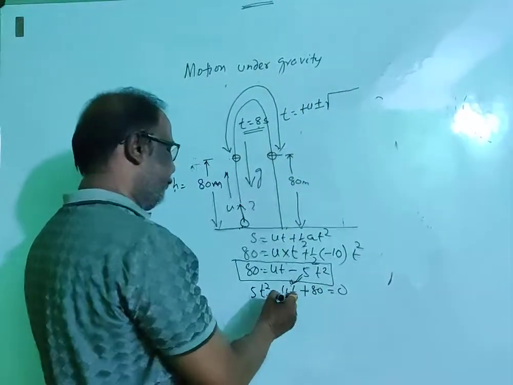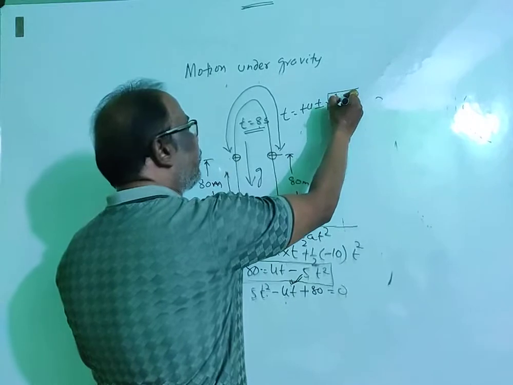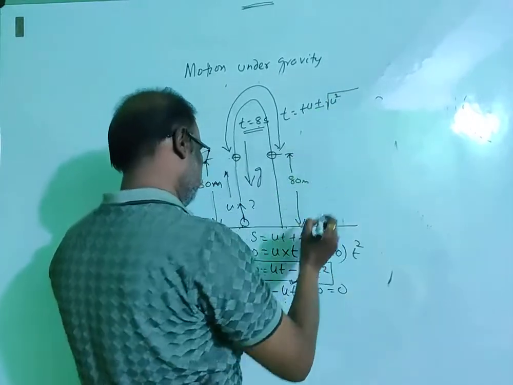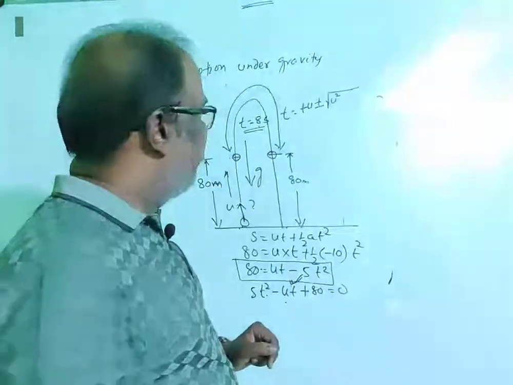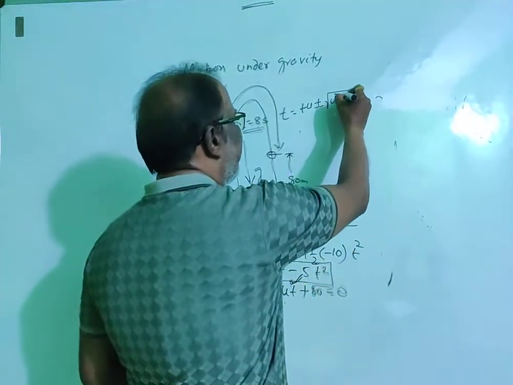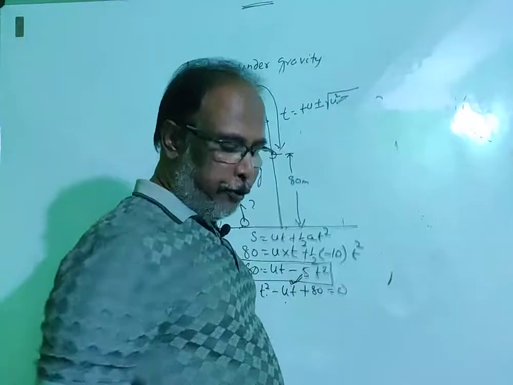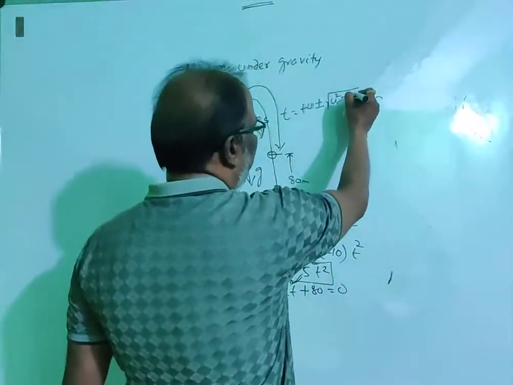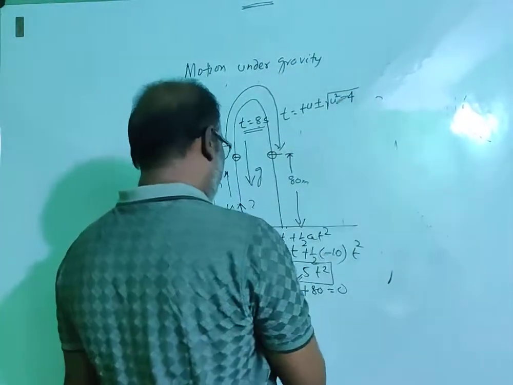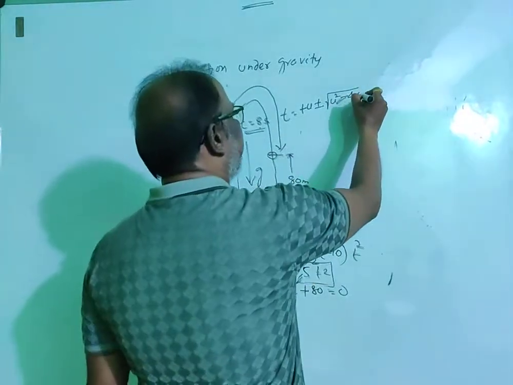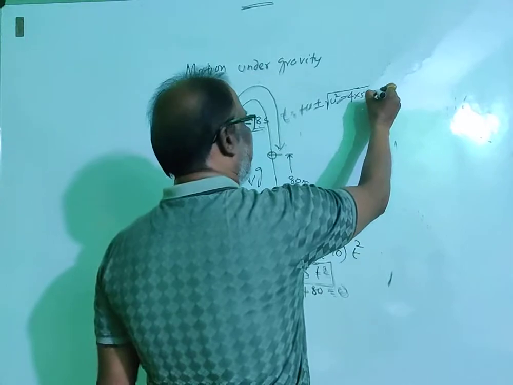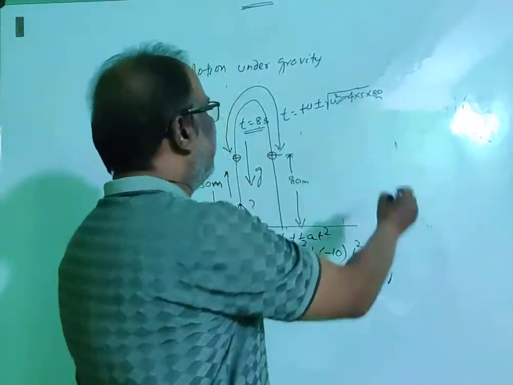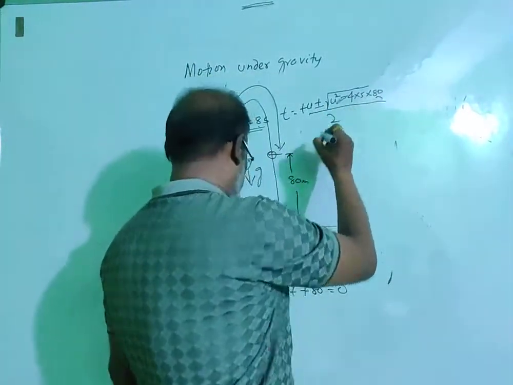square root of u square minus 4ac. A is 5, c is 80, divided by 2a.